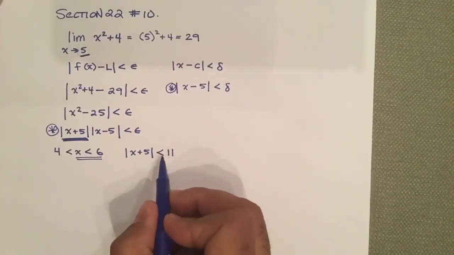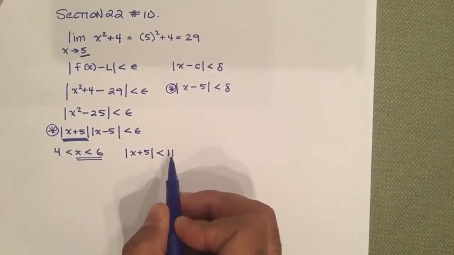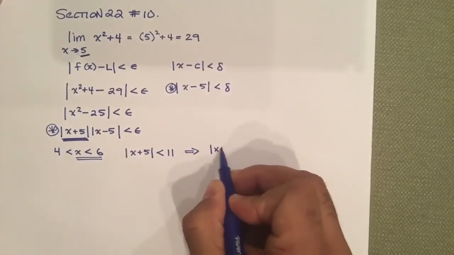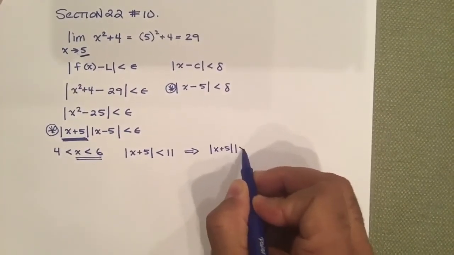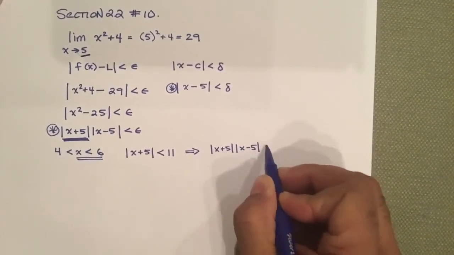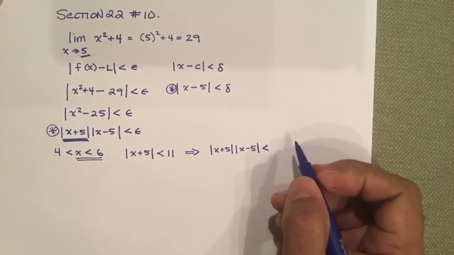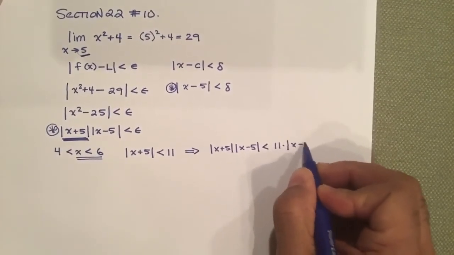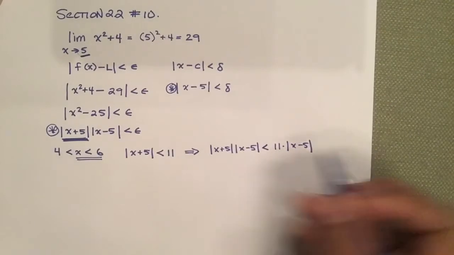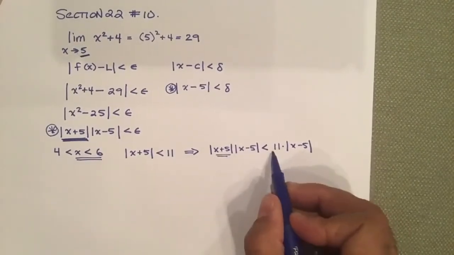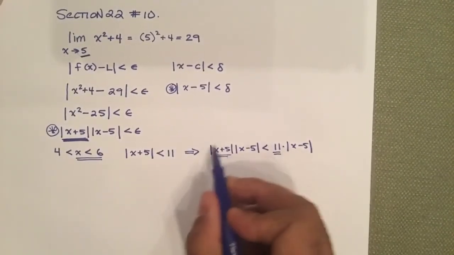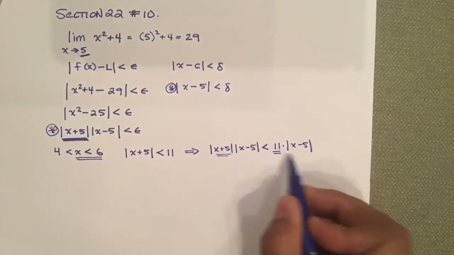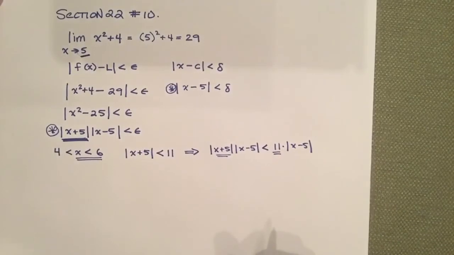If x plus 5 is less than 11, then it makes sense that the absolute value of x plus 5 times the absolute value of x minus 5 is less than 11 times the absolute value of x minus 5. That only makes sense, right? If this is less than this, then this entire algebraic expression is less than that algebraic expression, right? That definitely makes sense.